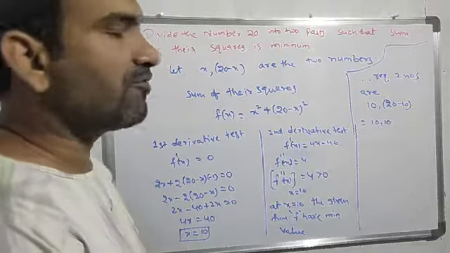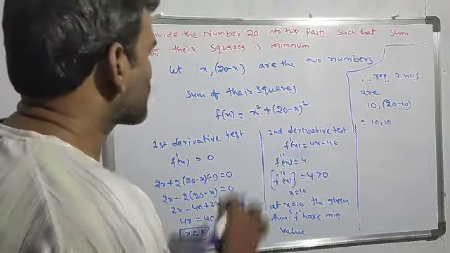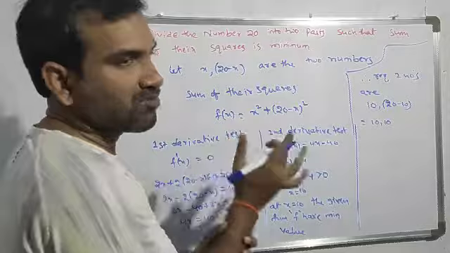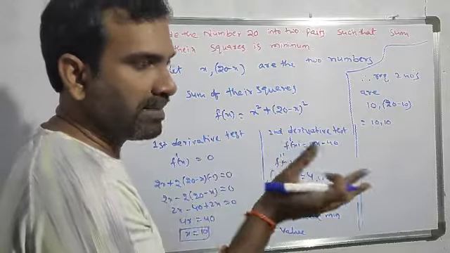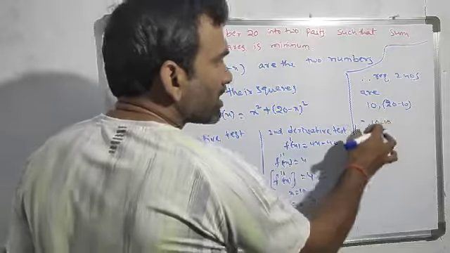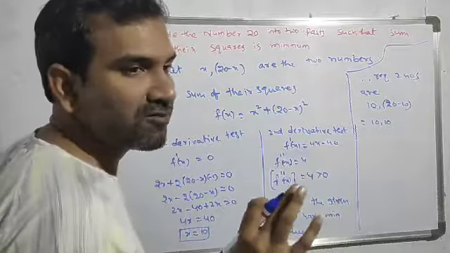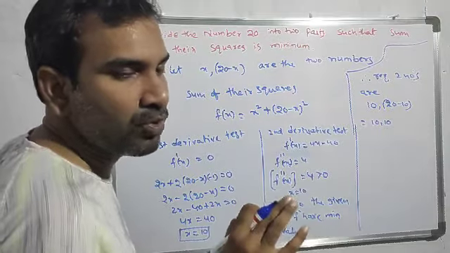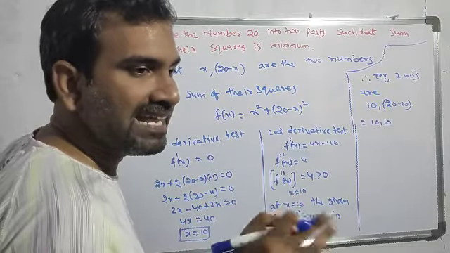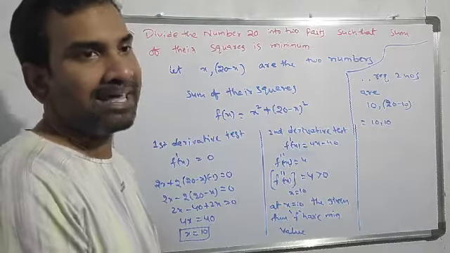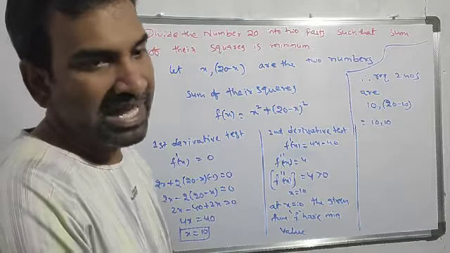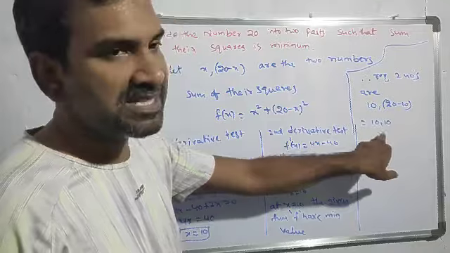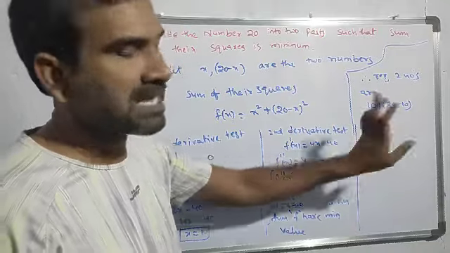That means if you want the sum of the squares of the two numbers to be minimum, what are the two numbers? 10 comma 10 only. That gives the minimum value. Suppose you take any other numbers, for example 8 comma 12. For 10 comma 10, the sum of their squares is 100 plus 100, 200.